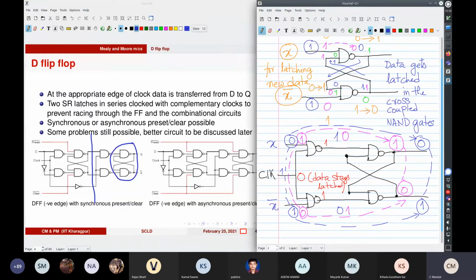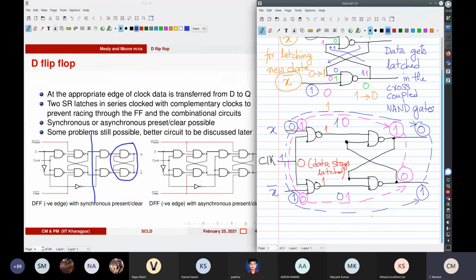Because of this behavior, this is the essential aspect. So here, as you can see, you have x, 0, 1.